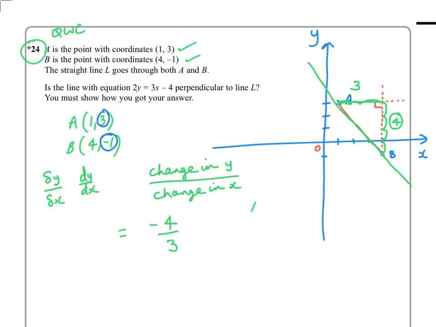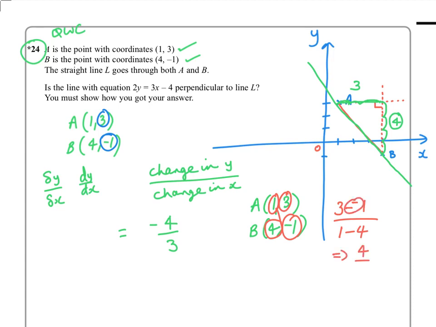Another way is if you write the coordinates here on top of each other, and you do the difference between 3 and -1. Now there's two ways of doing that. You can either do 3 take away -1, and then do the same here, 1 take away 4. That will give you 3 add 1 over 1 minus 4, which is -3, and that's again -4/3.